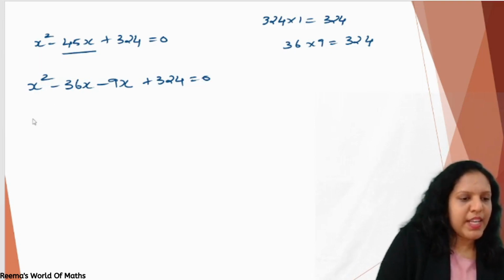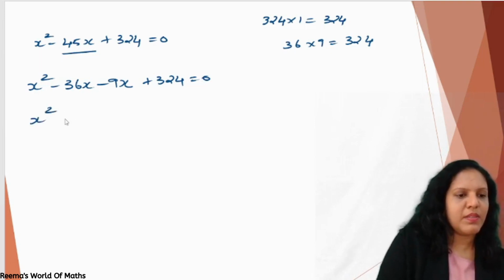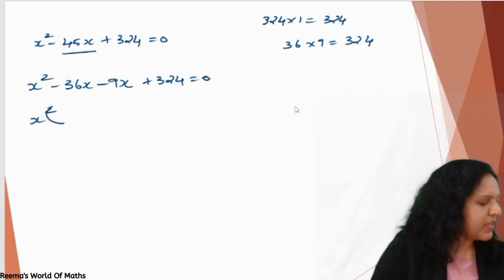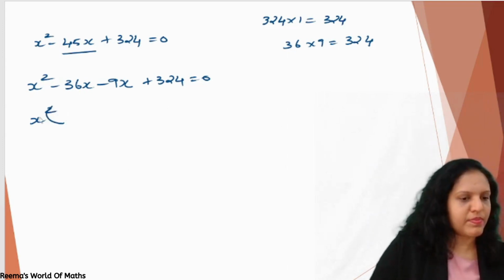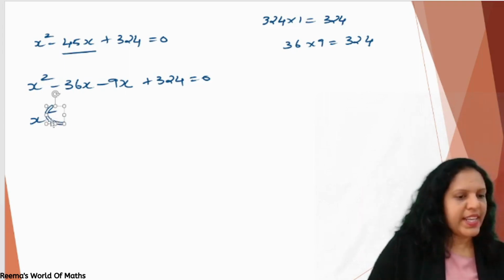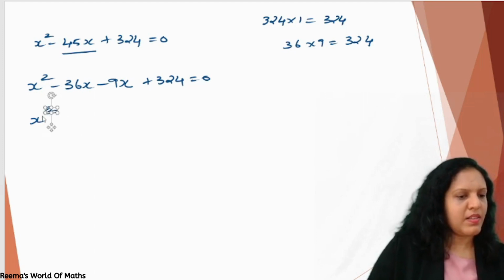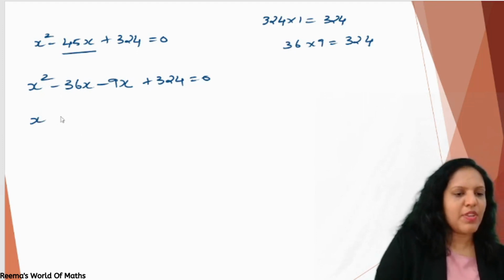Now that will be X squared minus 36X. We can take X as common here, so X into X minus 36. Correct?